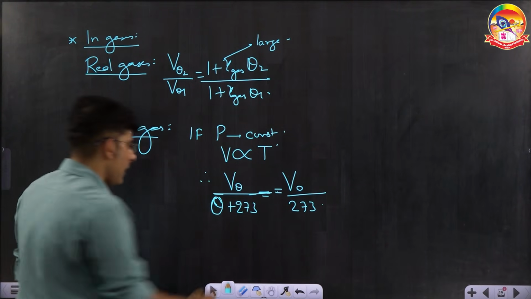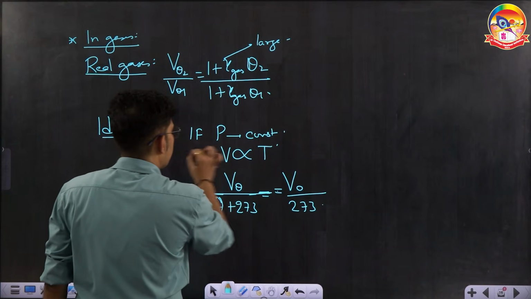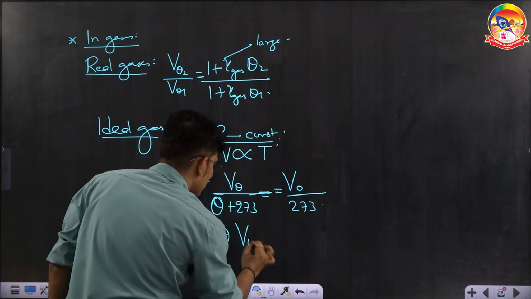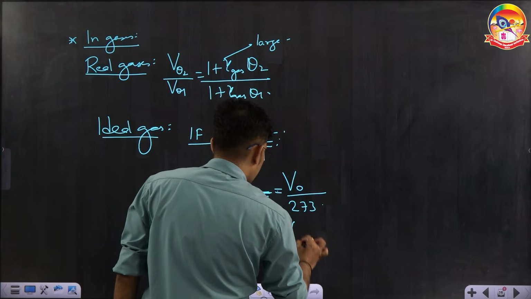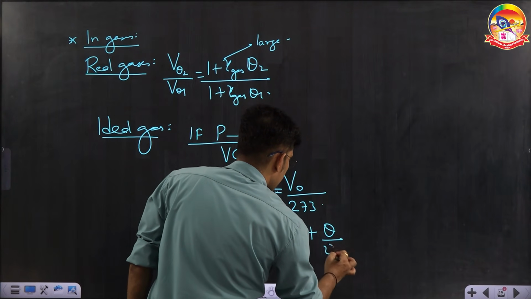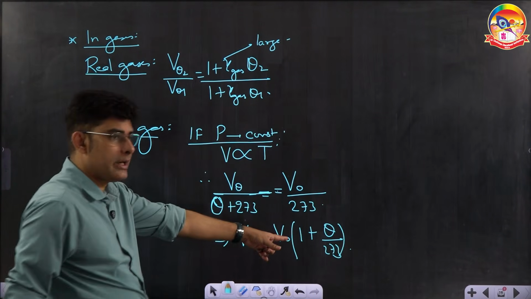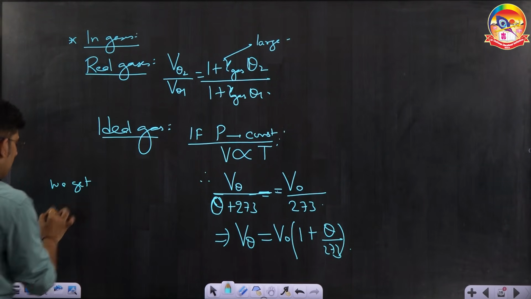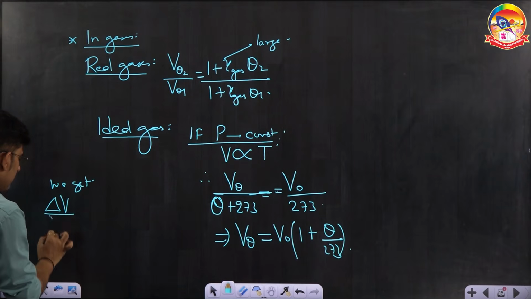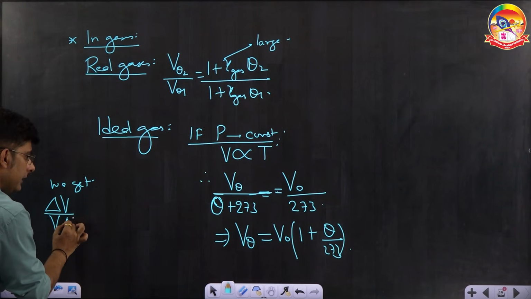We can write like this. So if pressure is constant, we can use V theta is equals to V0 1 plus theta by 273. So if you compare with the standard term, we get one important term, delta V by V0 delta theta.